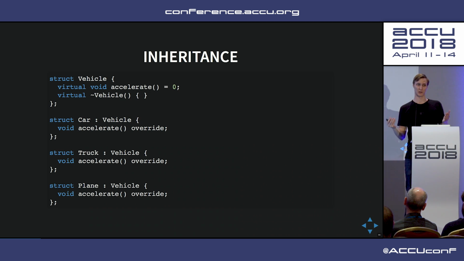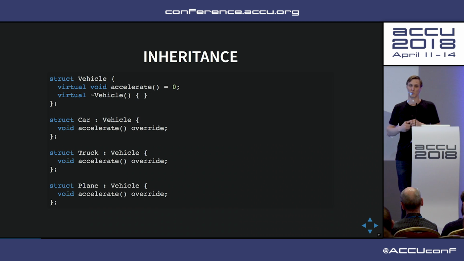The physical relationship is that of being a part of. The compiler is actually going to put a vehicle at the beginning, roughly speaking, of your car or your truck or your plane or whatever.